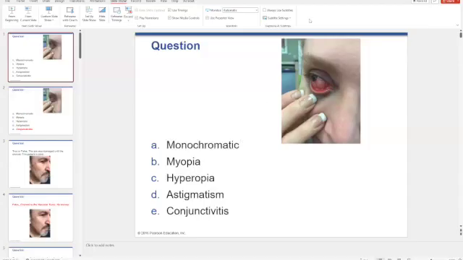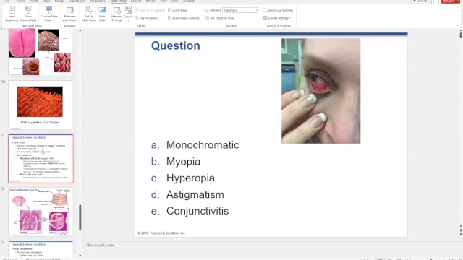All right, any questions with any of that so far? Can you put that slide back up if you can? Which one? The very last one.